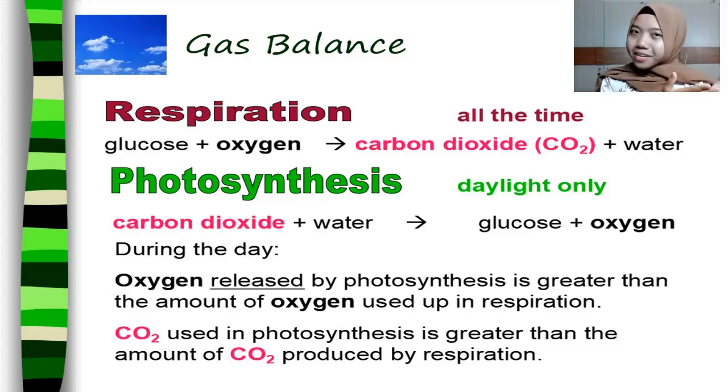Photosynthesis is in the daytime only: carbon dioxide plus water becomes glucose plus oxygen. During the day, the oxygen released by photosynthesis is greater than the amount of oxygen used up in respiration. The carbon dioxide used in photosynthesis is greater than the amount of carbon dioxide produced by respiration.